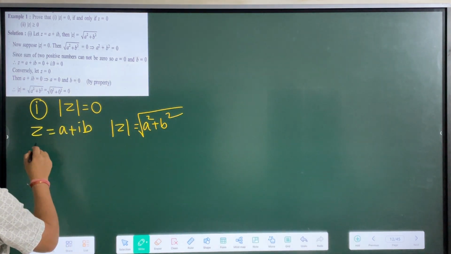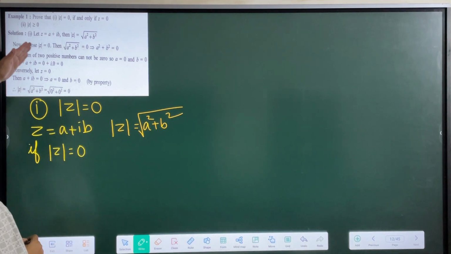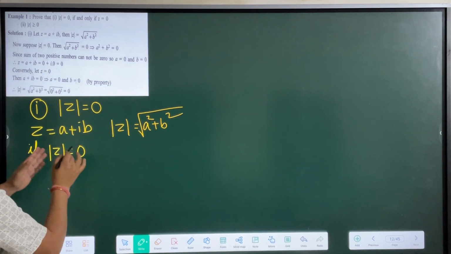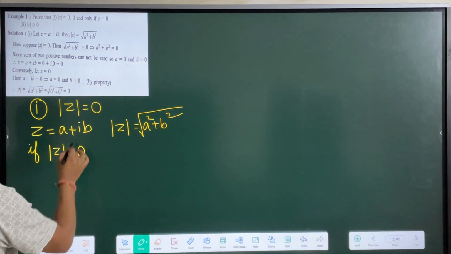Now suppose modulus of z equals 0. If z equals 0, then modulus of z equals 0.